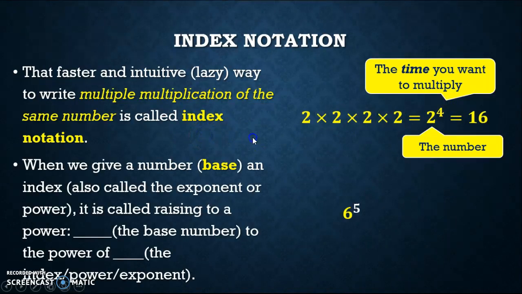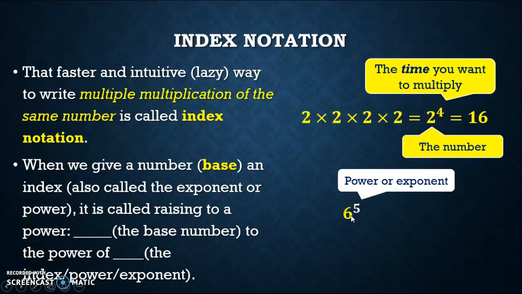Let's see another example: 6 and 5. Here 6 is the base, and 5 is the power or exponent. What does power or exponent mean? Basically, the 5 in the upper right-hand corner is the number of times we want to multiply the base 6. So the smaller number in the upper right-hand corner is called the power or the exponent, and it means how many times we multiply the base number.